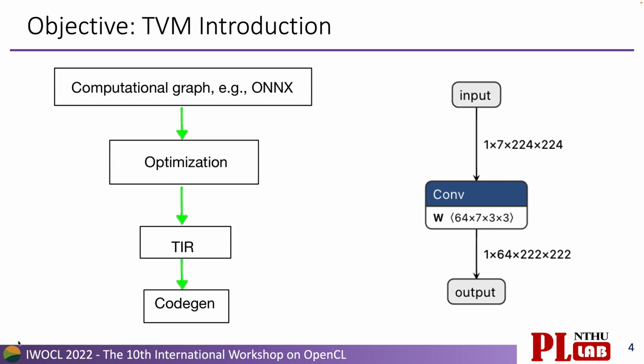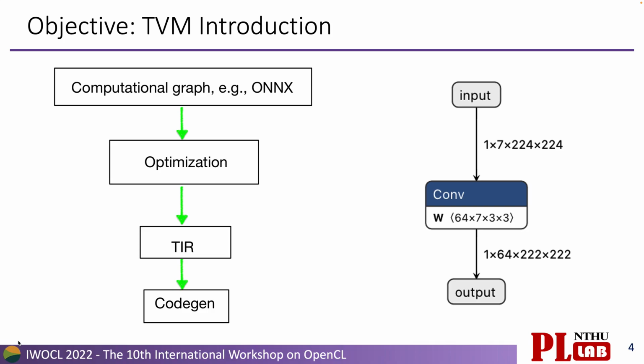So let's look at what TVM is. TVM is an AI framework. It consumes a computational graph, such as the one depicted in the figure, and does some optimization on it.